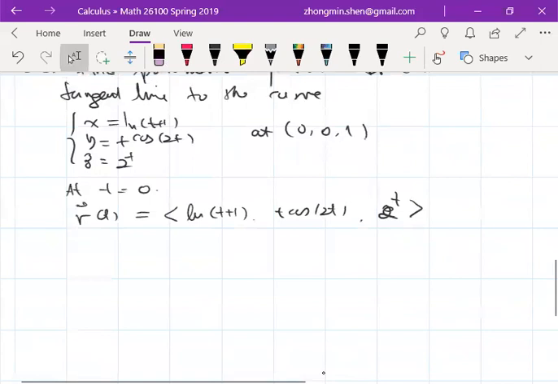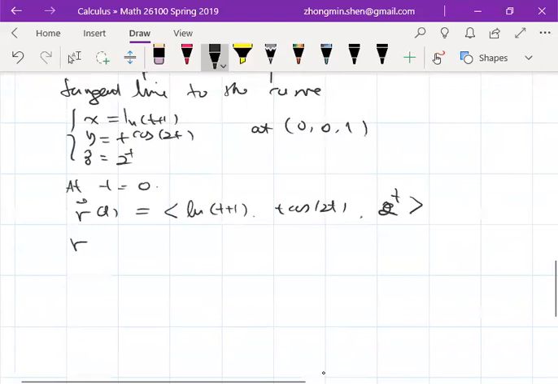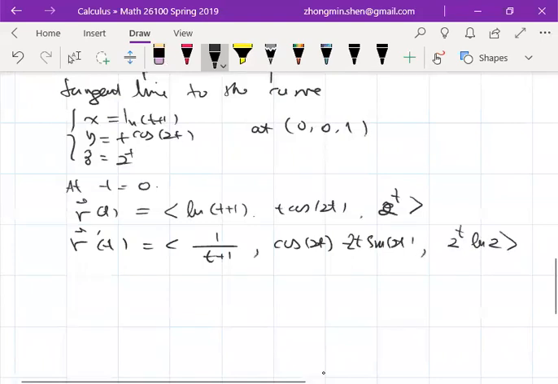If you get the tangent vector, then you can write down the vector function for the tangent line. So differentiate: you get 1 over t plus 1, and then cosine 2t minus t sine 2t with a 2 in front of that, and then 2 to the t natural log of 2.